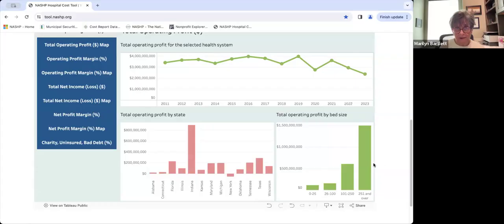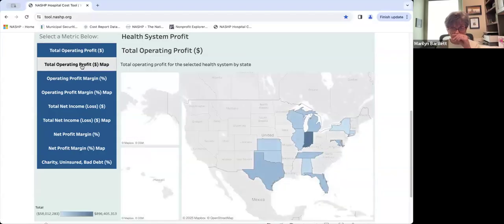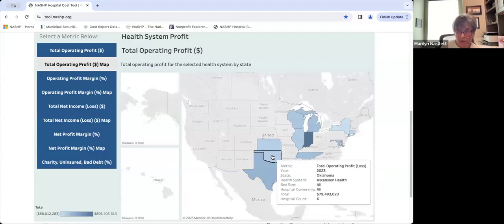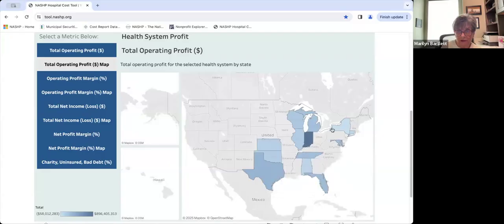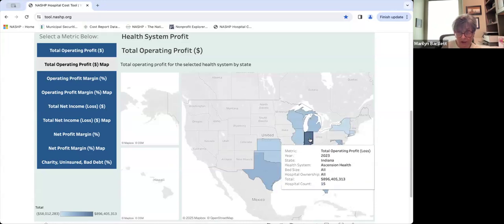And you can look at bed size. That's total. Now, what we've also done is included the map here. If this is easier to look at, you could scroll over each state and you can see where Ascension is in these different states. You can see the total operating profit and also the number of hospitals in each state.